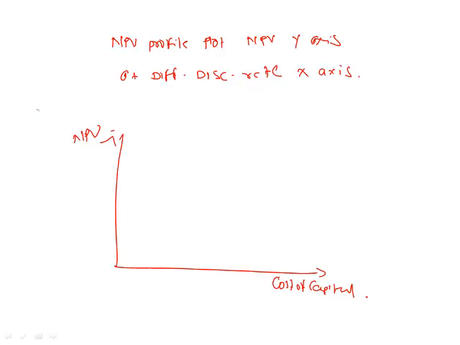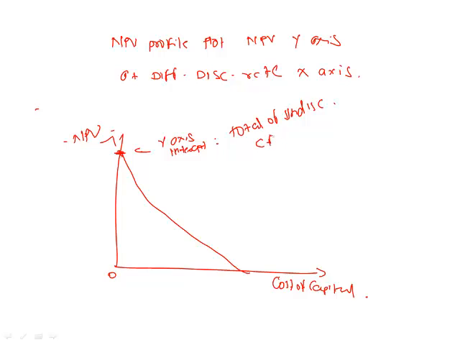So you draw them a profile like this. You're telling them that if the cost of capital is 0, this is my NPV, and this y-axis intercept is nothing but the total of undiscounted cash flows.